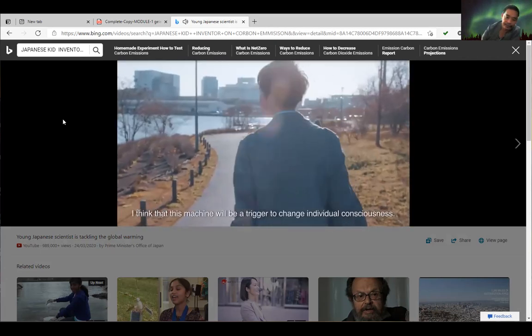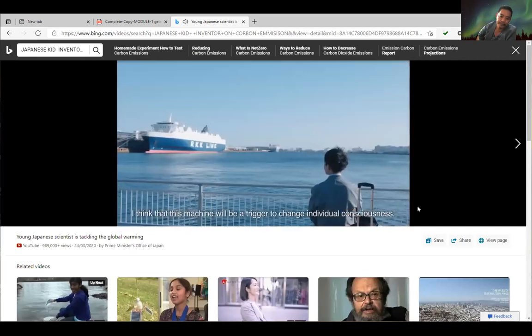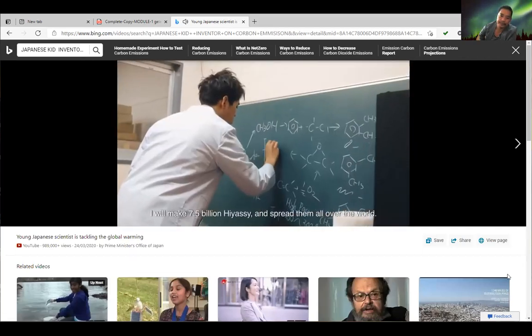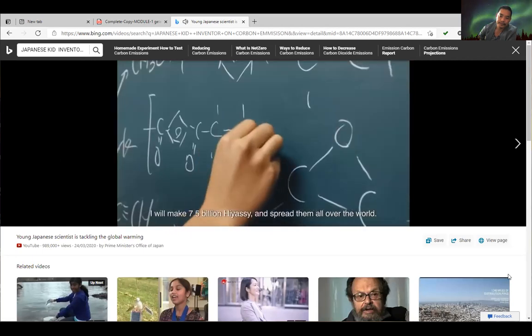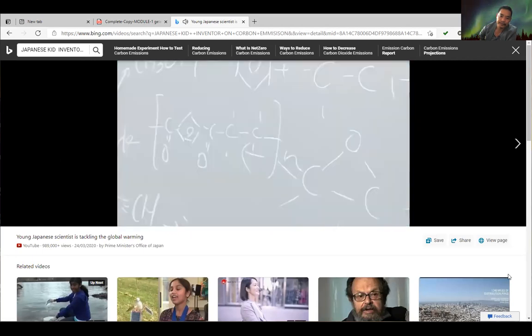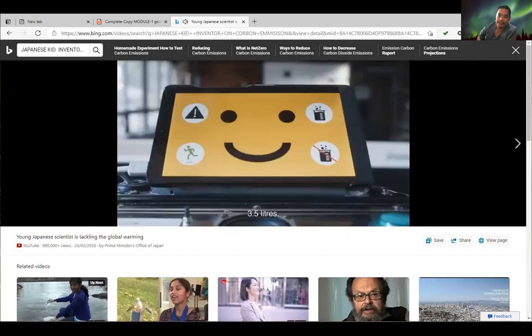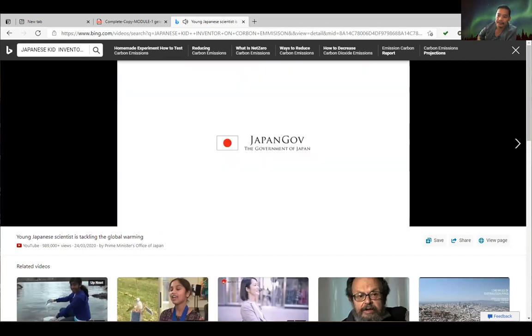I think that this machine will be a trigger to change individual consciousness. I will make 7.5 billion HIASI and spread it all over the world.